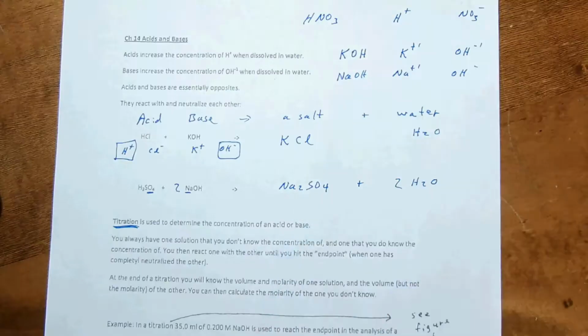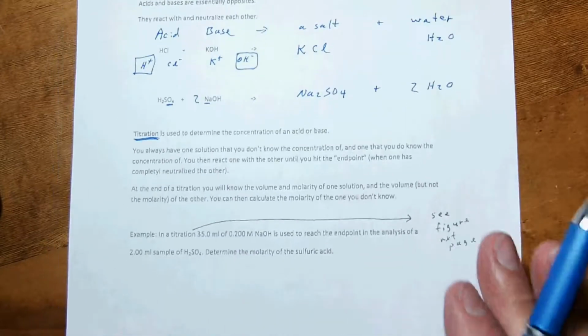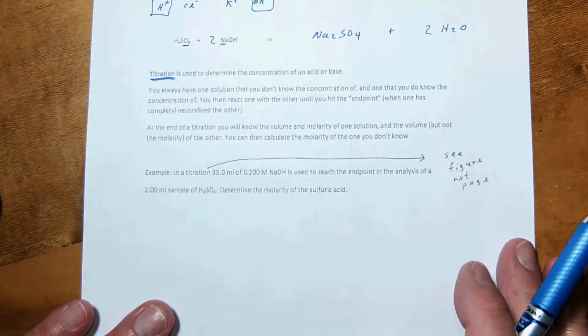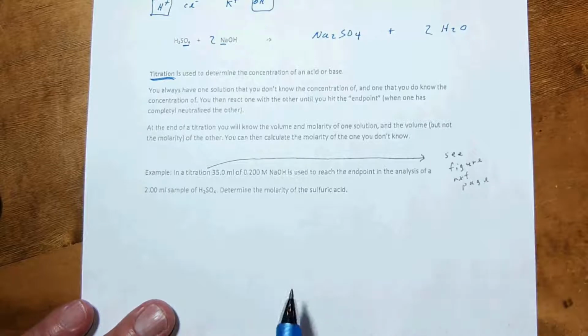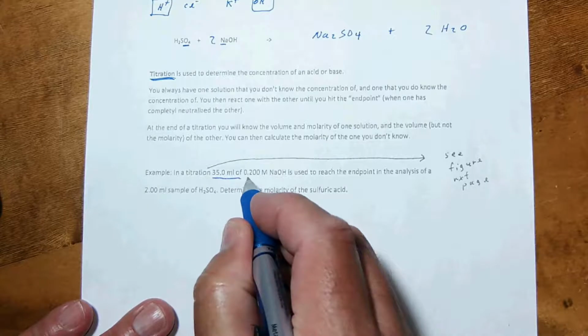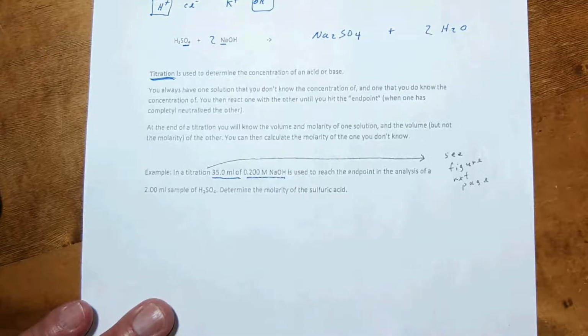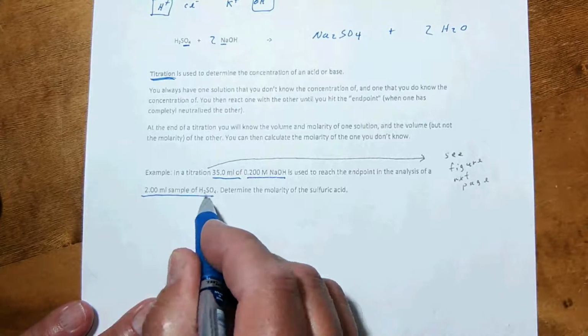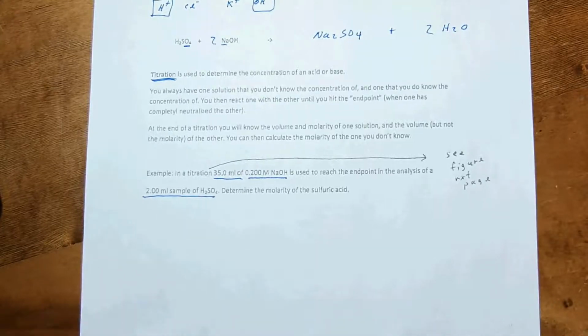Real quick, let's try and run you through some calculations. Here's a quick example. It says you're doing a titration and 35 milliliters of 0.2 molar sodium hydroxide is used to reach the end point in the analysis of a 2 milliliter sample of sulfuric acid.